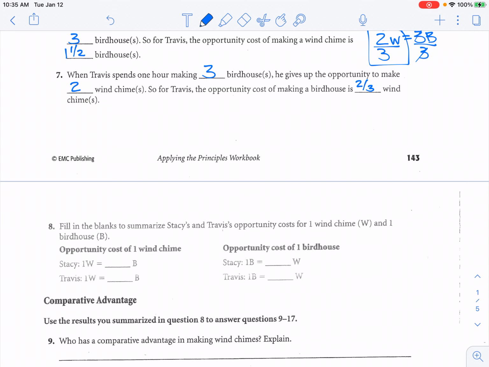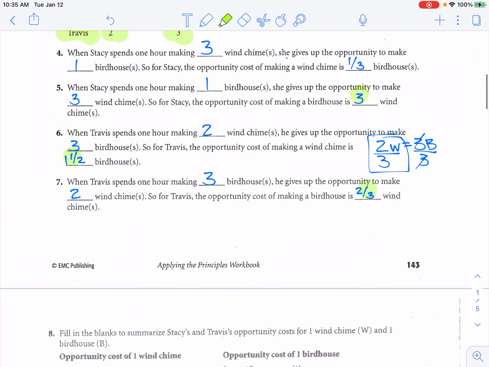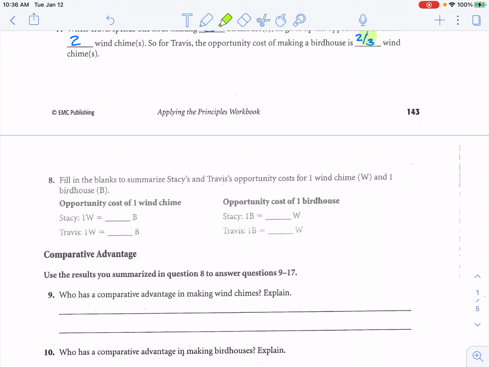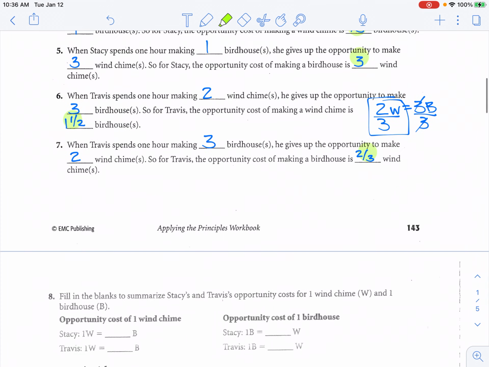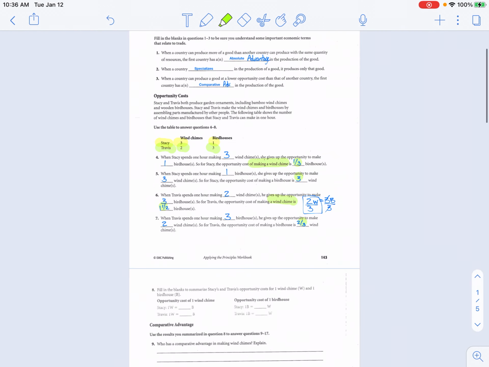So if we want to take our responses, these are our opportunity costs, right? I've highlighted them for Stacy and Travis. The opportunity cost of making a wind chime for Stacy was 1/3, and for Travis it was 1.5.